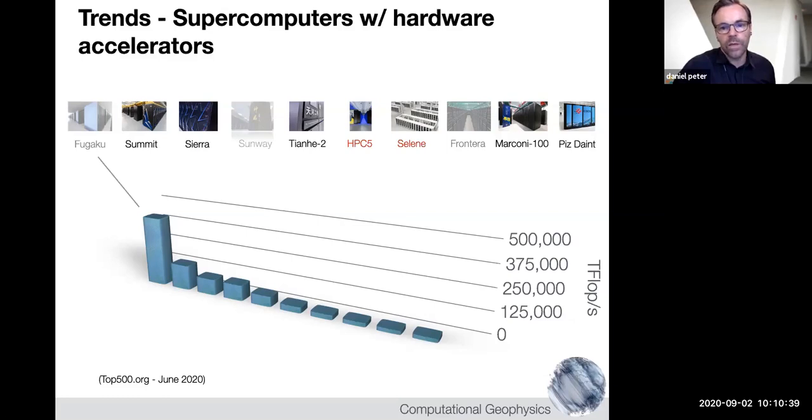So HPC5 is oil and gas company Eni in Italy. Selene is NVIDIA, who is running its own supercomputer. And this is interesting to see, that you have now companies coming up with their supercomputers as well in these top 10.